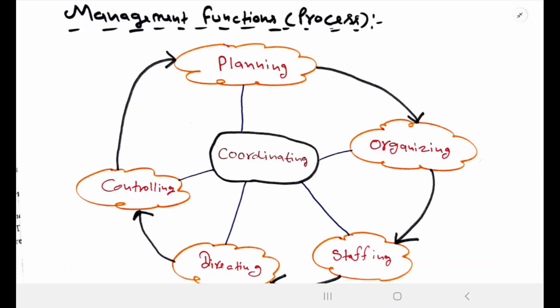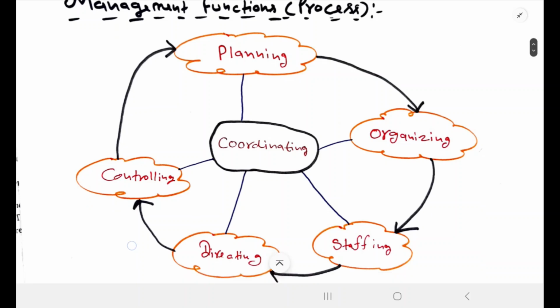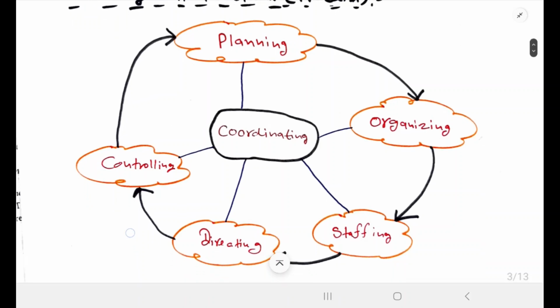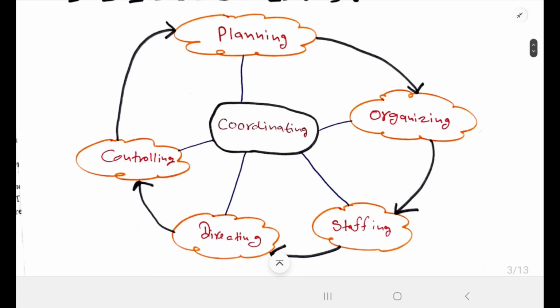Software project management. In the second lecture, there was some unclear diagram of the management functions, so you can complete it from here. Here we have five functions: planning, organizing, staffing, directing, and controlling. Somewhere you will find another sixth function, that is coordinating.